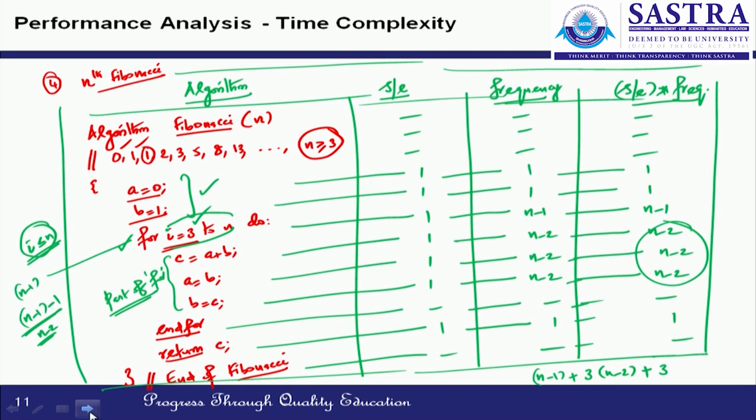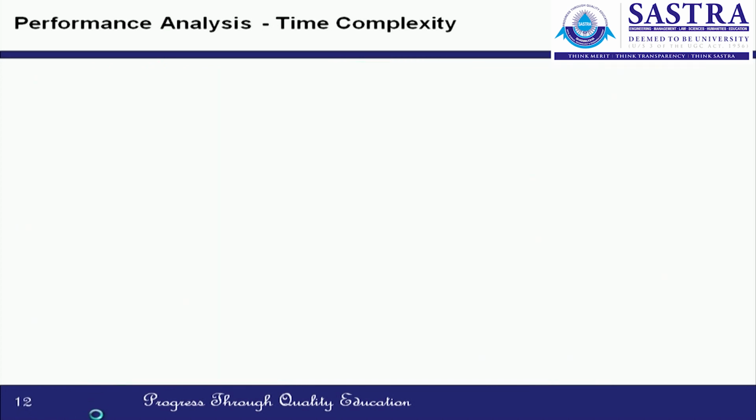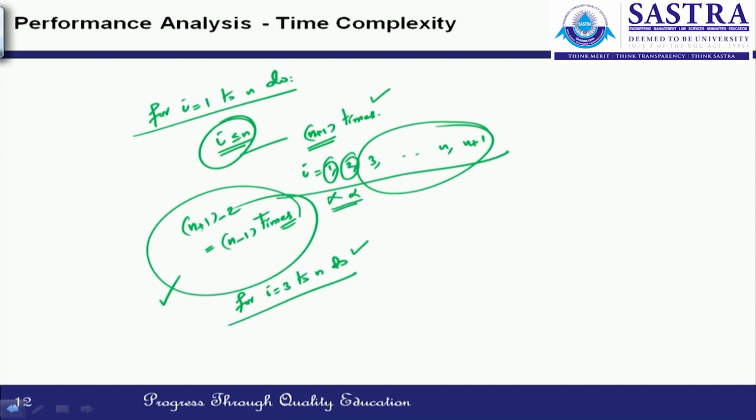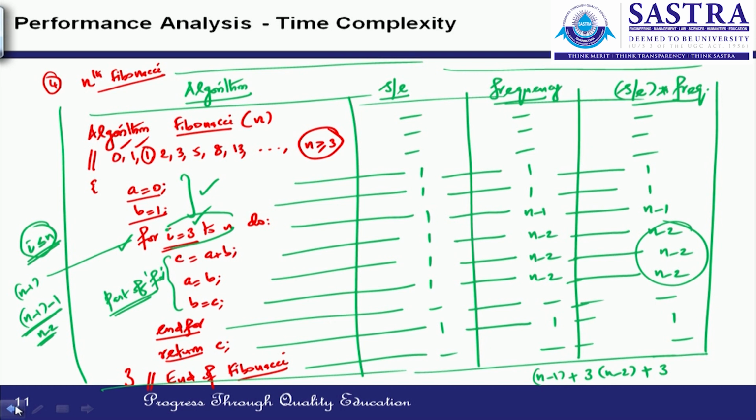So total time of execution is T Fibonacci of n, this is equal to finding the nth Fibonacci number. Computational time is represented as T Fibonacci of n, where n represents the problem instance, the nth number: n minus 1 plus 3 into n minus 2 plus 3.